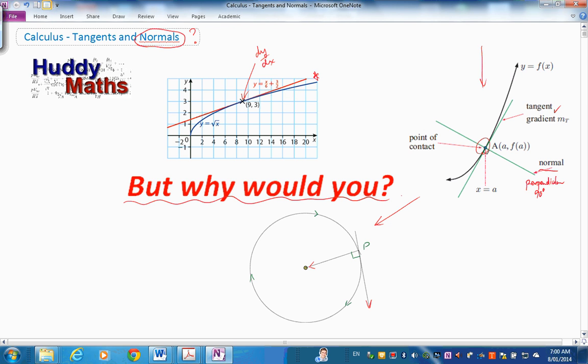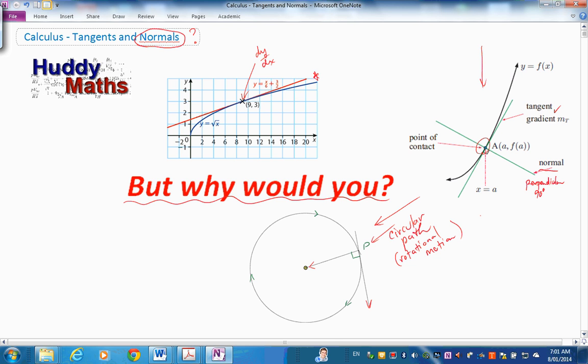This is a body or point P travelling in a circular path. So this is a bit of applied mathematics now, applying it outside just the mathematics realm to rotational motion in physics, for example, rotational motion problems in physics.